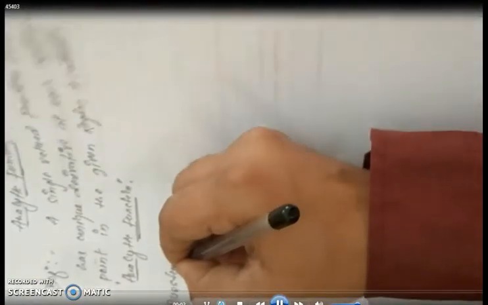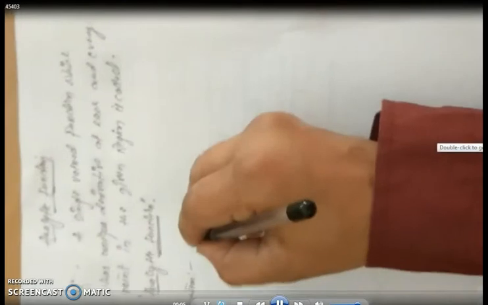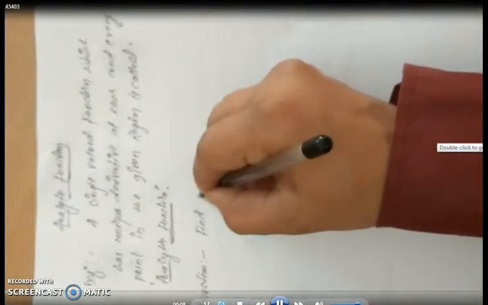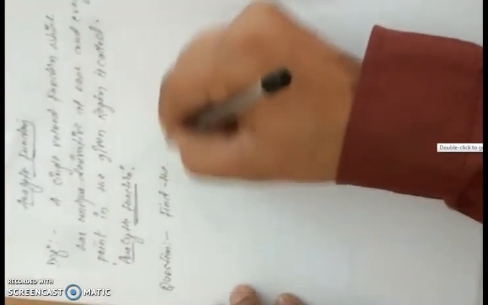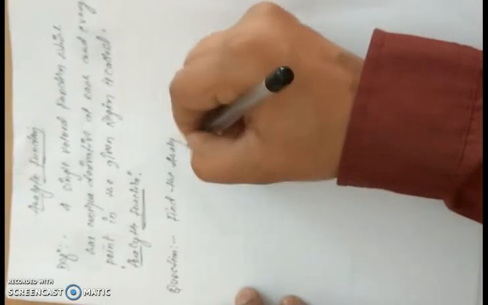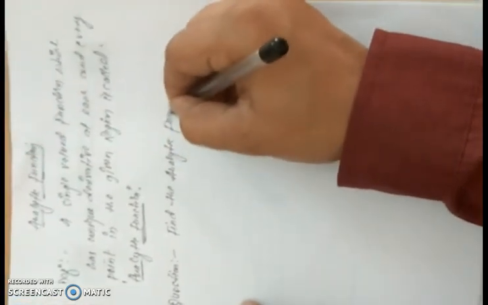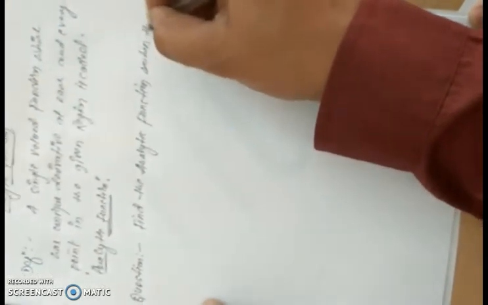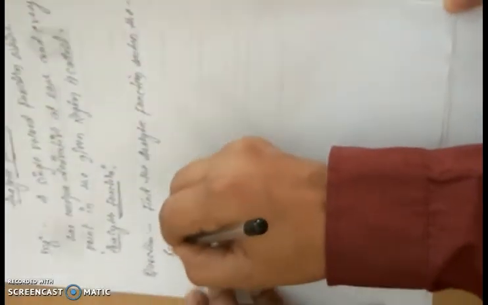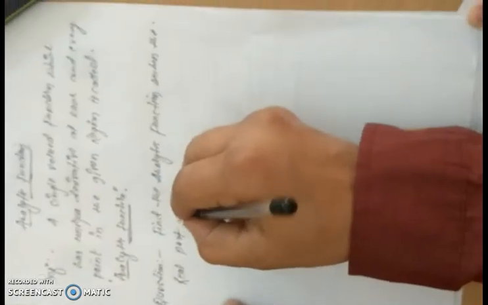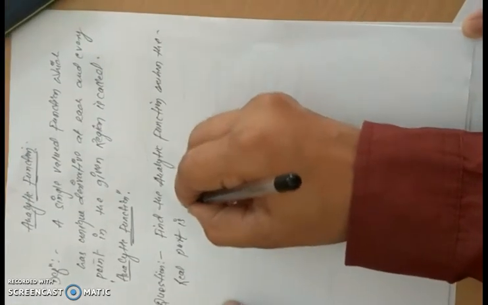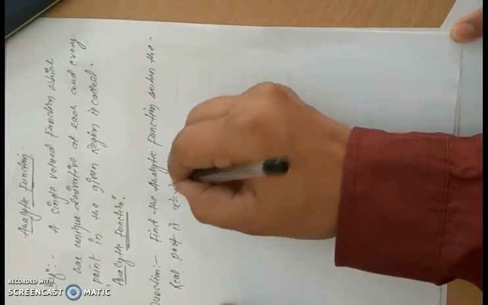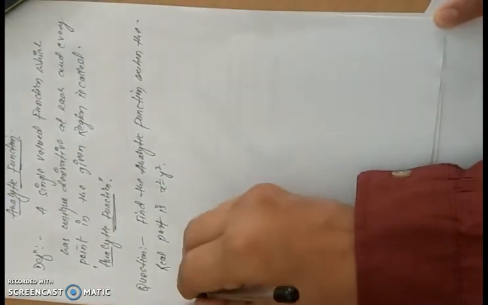Our numerical problem is: find the analytic function when the real part is x square minus y square.